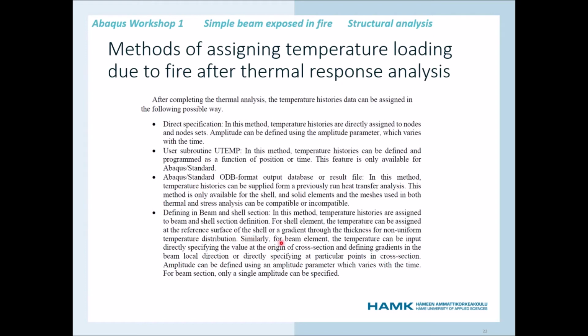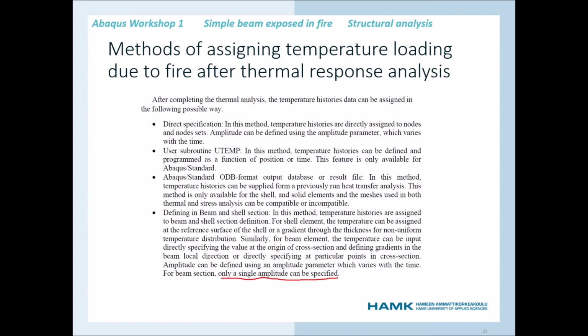Similarly, for beam elements, the temperature can be input specifying the value at the origin of the cross section and defining the gradient in the beam local directions, or directly specifying at particular points in cross sections. And amplitude can be defined using an amplitude parameter which varies with time. And for the beam sections, it should be noted that only one single amplitude can be specified.